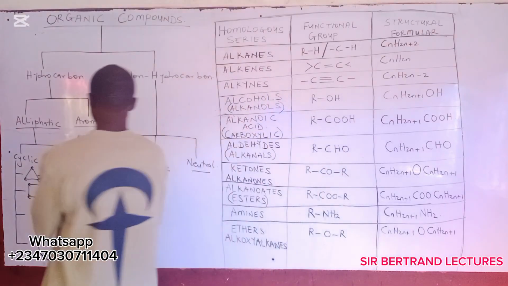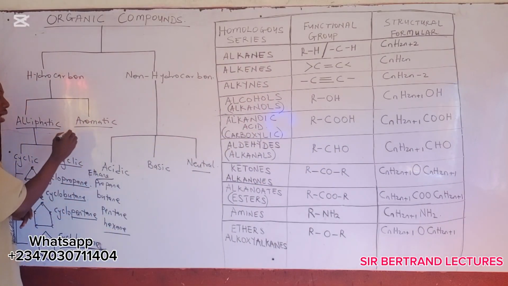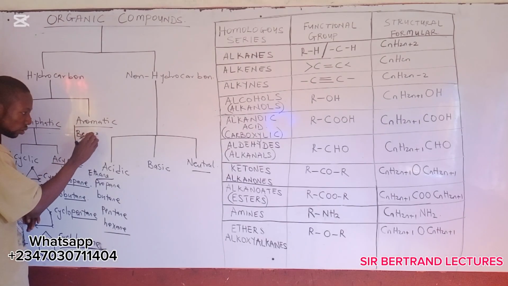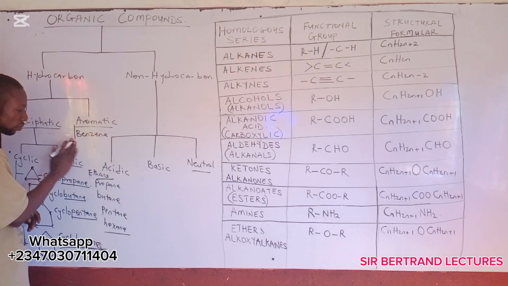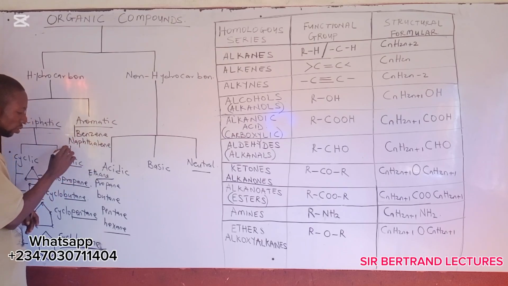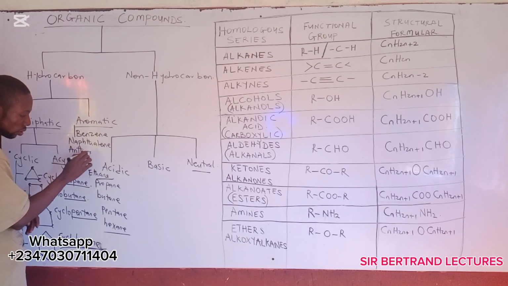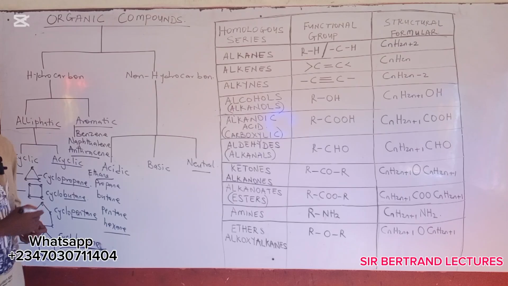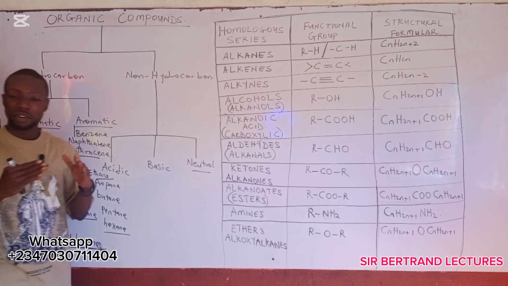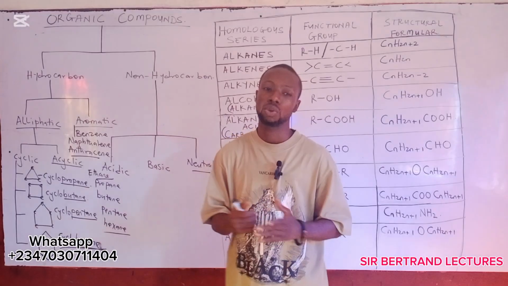Now aromatic examples are benzene, naphthalene, and anthracene. These are common examples of aromatic hydrocarbons that have a benzene structure.